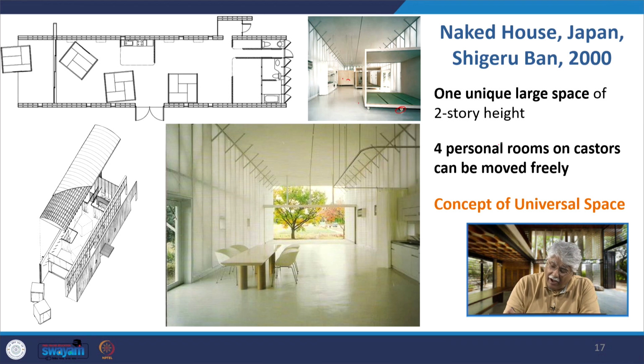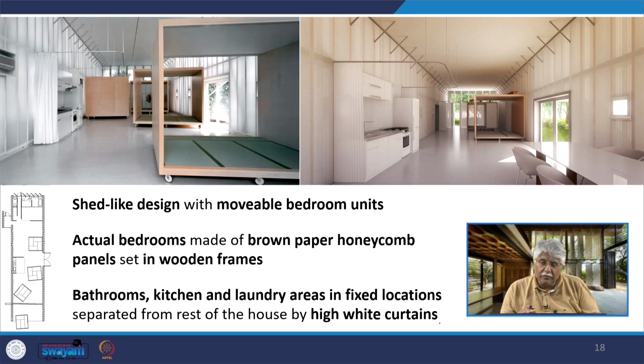So these are actually, I should put it in inverted commas, these are rooms. This is again the concept of the universal space, and the concept of the universal space has been so radical here. We used to have a free flowing interior with certain rooms in their fixed places. We went on to Philip Johnson and to Farnsworth House by Mies van der Rohe.